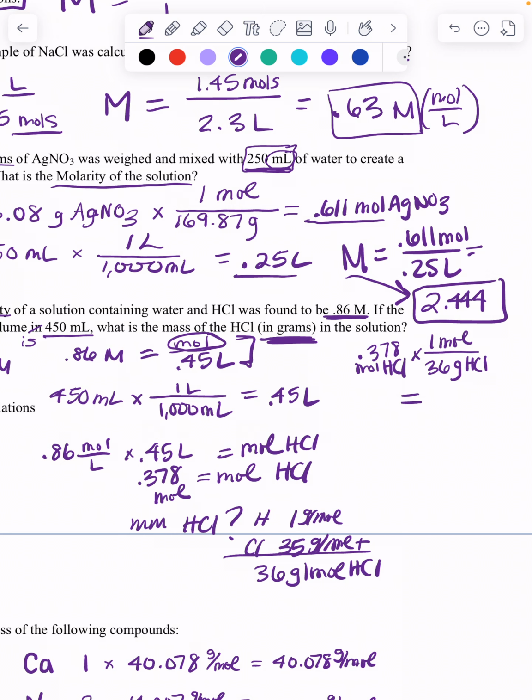I'm sorry, these should be reversed. I was like, that is a very small number. Reversing it, rewind. If I have moles here, I need moles on the bottom, which means 36 grams is going on top. So 0.378 times 36 is 13.6 grams of HCl.